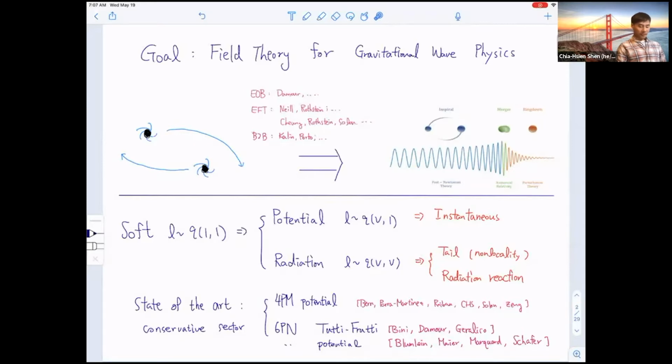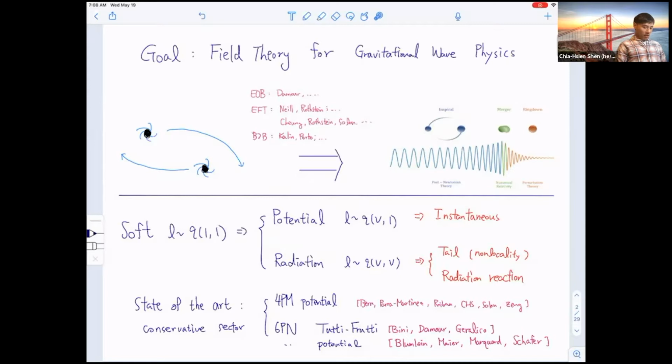And the reason is that for the equations of motion for the bound state, they really correspond to different physics. For example, potential will give you instantaneous potential, while when you add radiation, you will get the so-called tail effect, corresponding to the non-local in time potential, and also the radiation reaction force, which is truly dissipative.